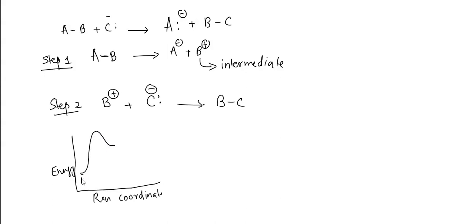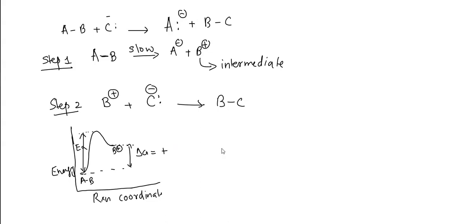This is my AB and here is my B plus, which is my intermediate, and it's an energy-requiring process. So that's why the difference in energy between these two should be positive. Delta G is positive. And the energy of activation is also pretty high, which tells me that this should be a slow step. So this first step is a slow step, which is the formation of an intermediate.